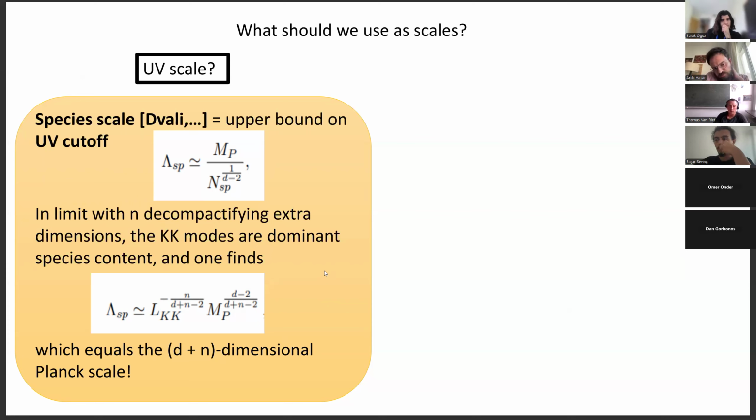So let me start with the UV scale. What we now start believing is that the proper definition of the UV scale in quantum gravity should be what is called a species scale. And the species scale is essentially an argument by Dvali and Valley, who is telling us, look, when is quantum gravity strongly coupled? Well, it's when you look at graviton diagrams, and they start to contribute, like the series just does not converge.